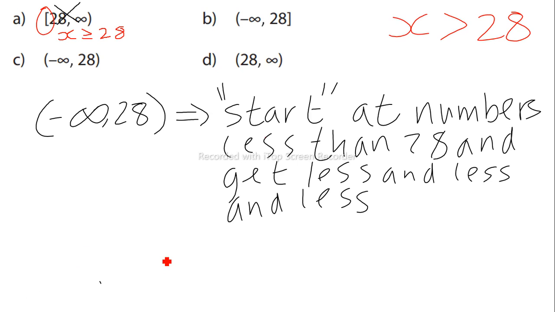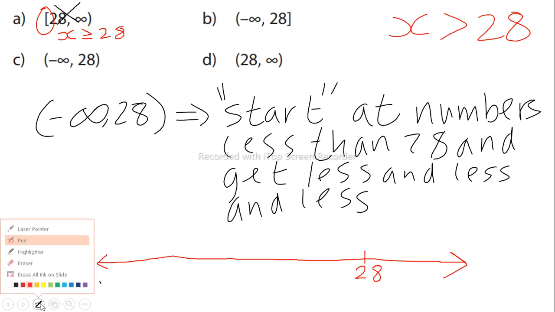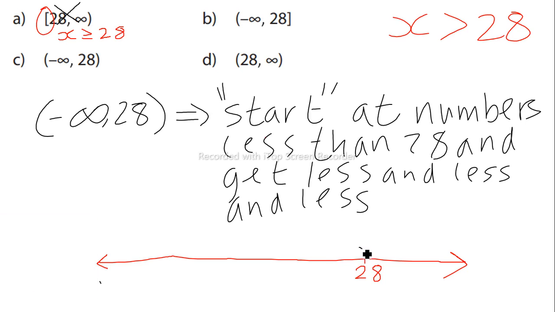Well, we would go on our x-axis and make a good identification of 28. We say that we do not include 28, but we get less and less all the way until negative infinity. We're getting smaller and smaller.